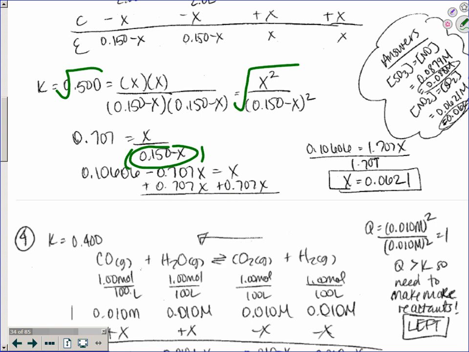So 0.15 times 0.707 is this, and then 0.707 times the negative X is that, equals X. Then you add 0.707 X to both sides to negate the negative. This is a 1x, so 1 plus 0.707 is 1.707x, equal to that same number. Then when you divide by the coefficient in front of x, you should isolate x to be 0.062 molar. Question, JT?